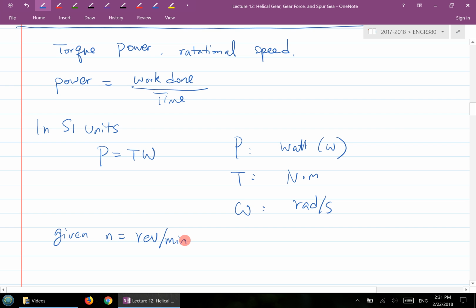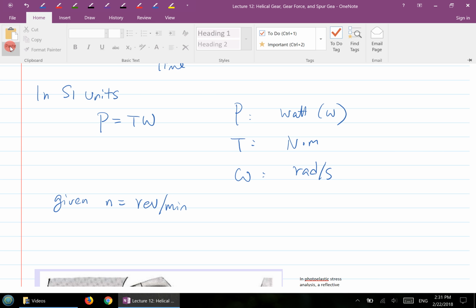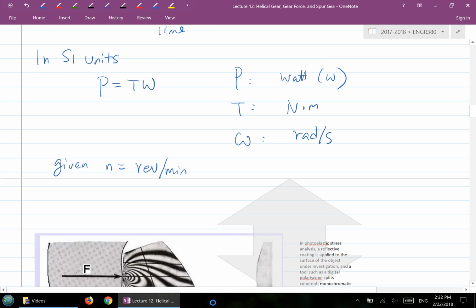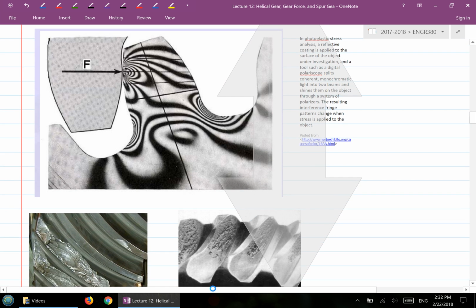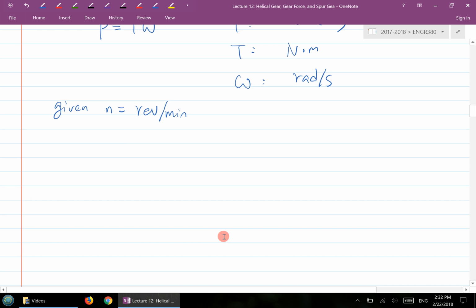If it's given in revolutions per minute, then the formula will have to be slightly changed to reflect this change of dimension. So how do we change that?